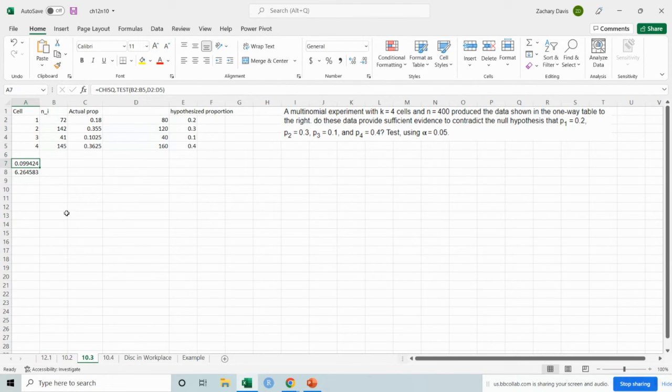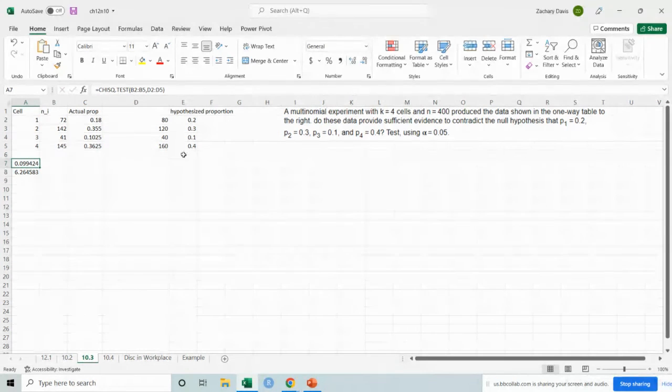The problem with Excel is it gives you the p-value for the chi-squared test, but it doesn't give you the actual chi-squared value. Anyways, 0.09 is greater than 0.05, so we would fail to reject the null hypothesis in this instance.